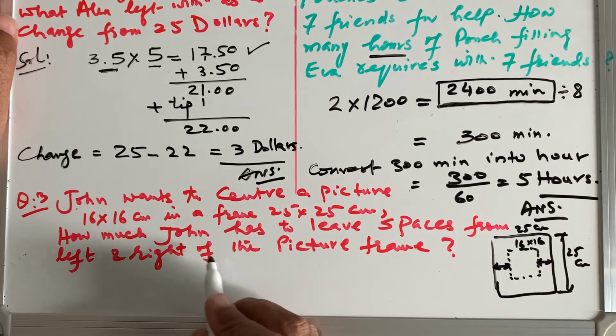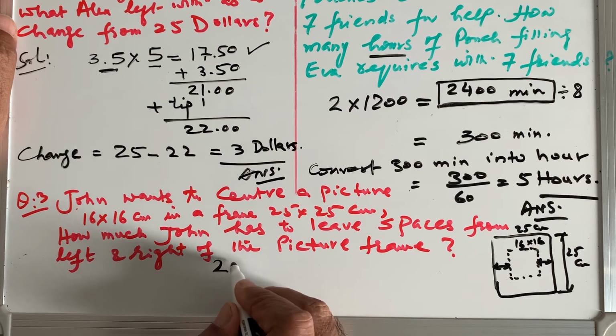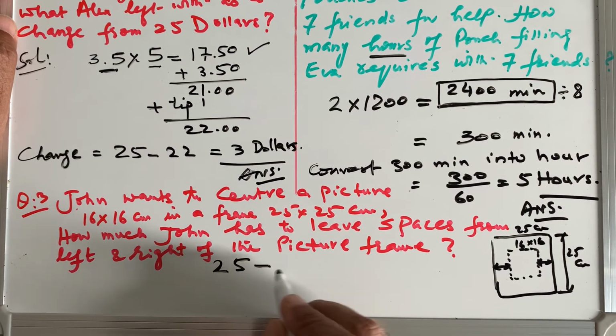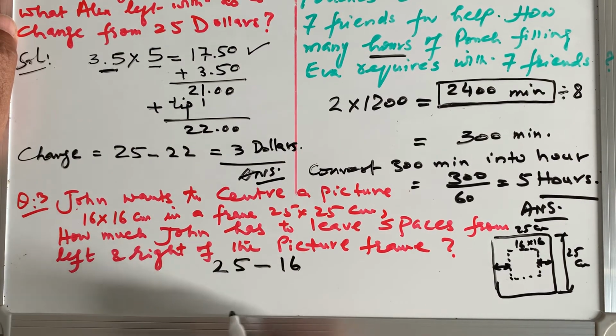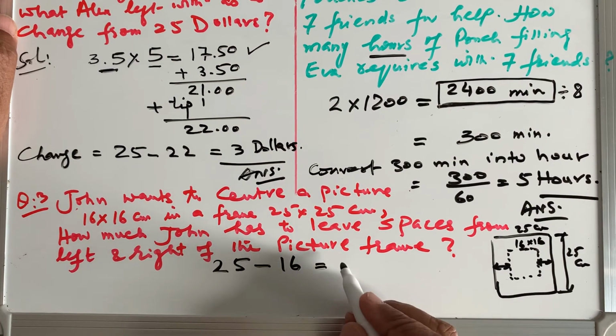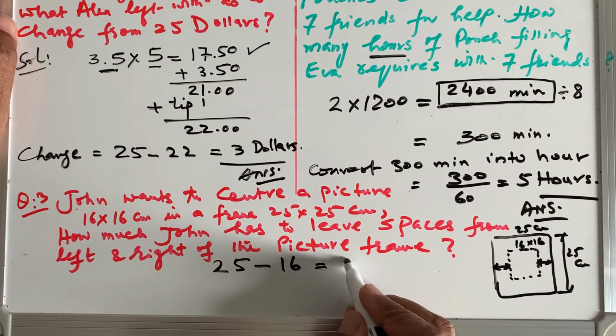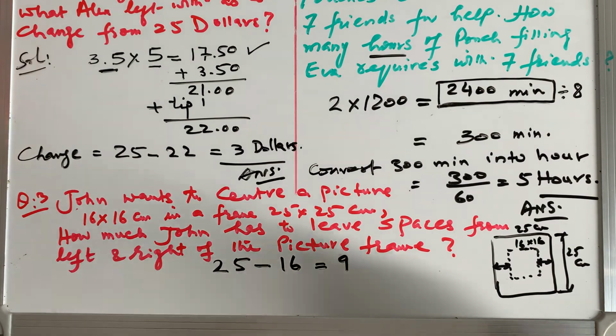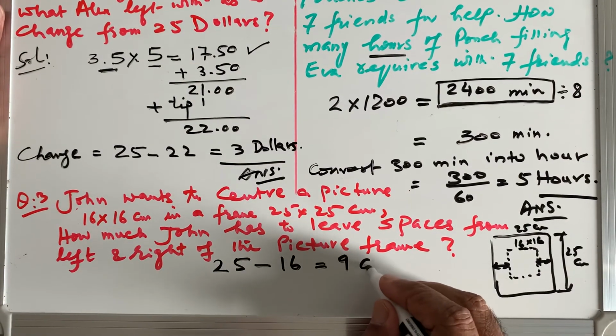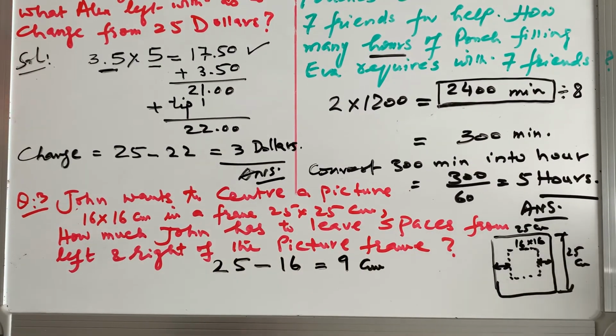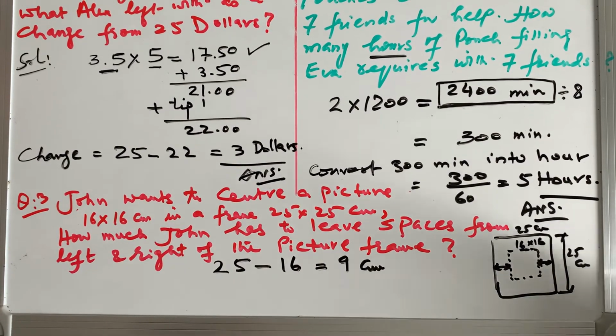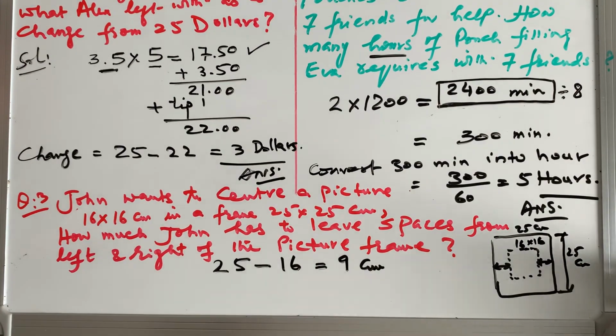The first thing is 25, which is the frame width, minus the picture width, which is 16, right? So you get 9. Your frame is 9 centimeter larger than your picture. But this 9 centimeter is the total difference between the frame and the picture.